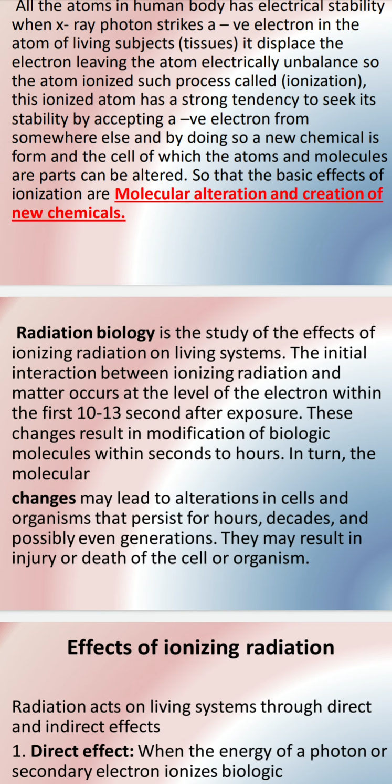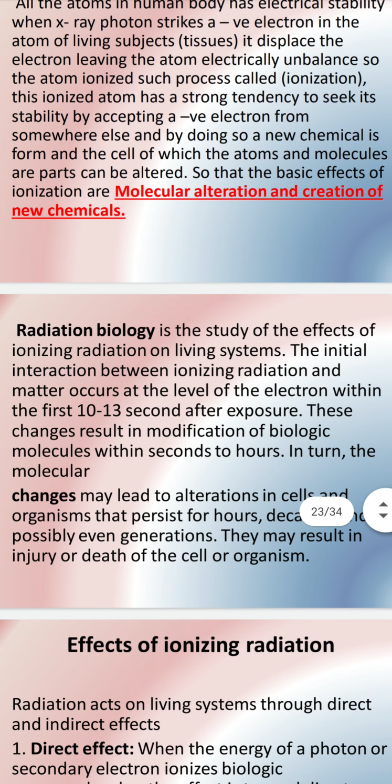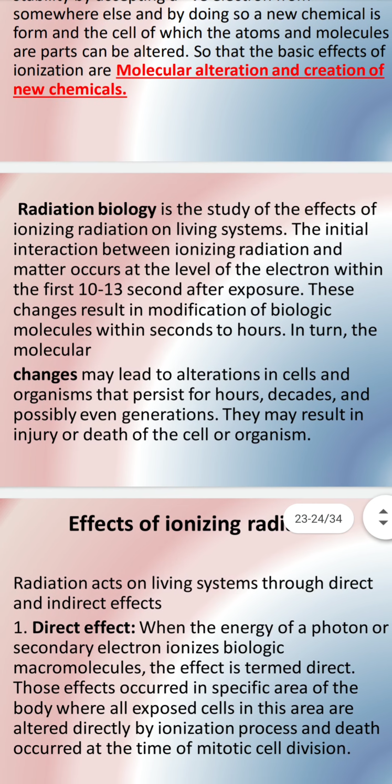These changes result in modification of biological molecules within seconds to hours. In turn, the molecular change may lead to alteration in cells and organisms that persist for hours, decades, and possibly even generations. That may result in injury or death of the cell or organism.